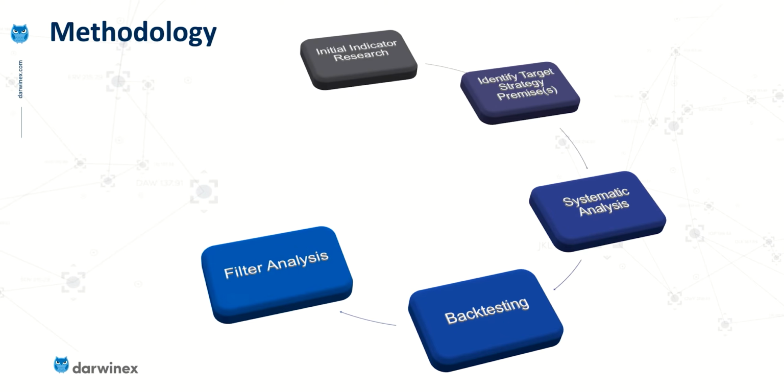After this, the next stage is what I call filter analysis. This is where I start to assess whether there's a case for this indicator to only be used under certain circumstances. As an example, the first indicator we're going to look at is what's called the Ichimoku, and initially this was designed for the Japanese markets.